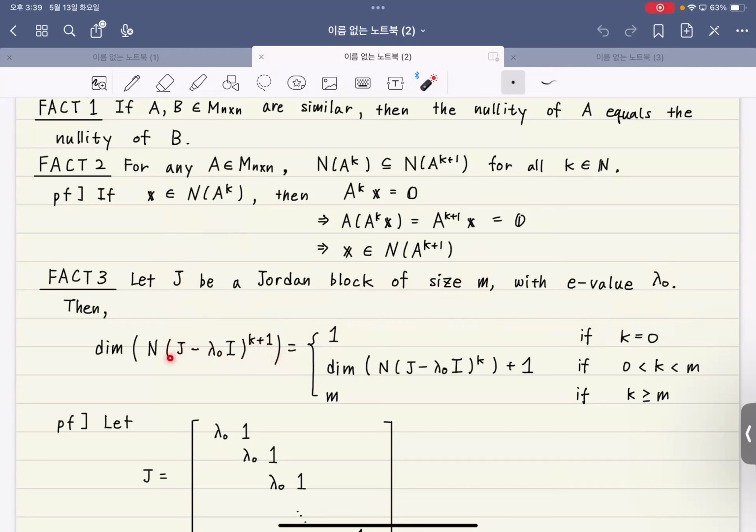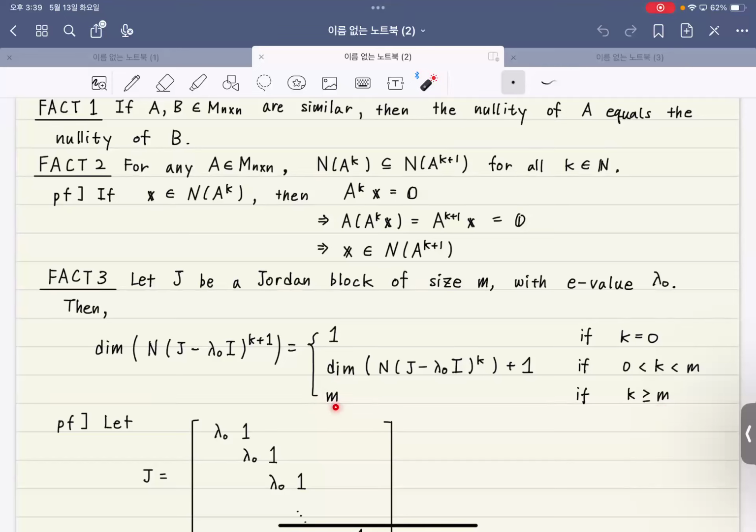The dimension of the null space of this matrix is 1 if k equals 0. And after that, as you increase the power k by 1, the dimension of the null space also increases by 1, right? And eventually the dimension of the null space equals m if k is greater than or equal to m.